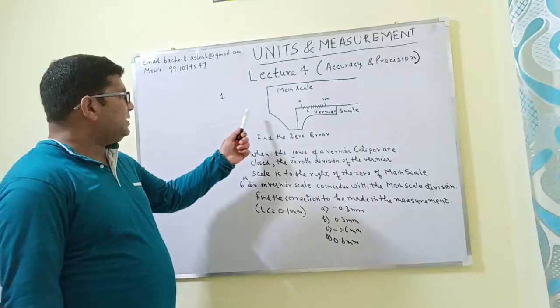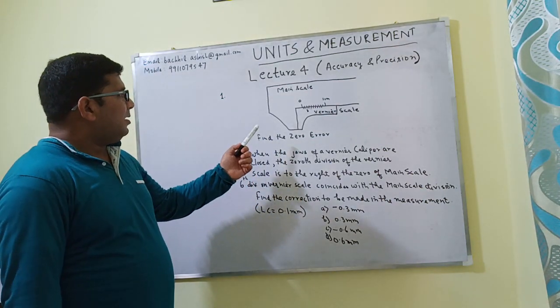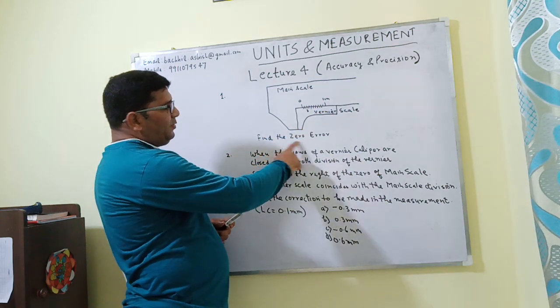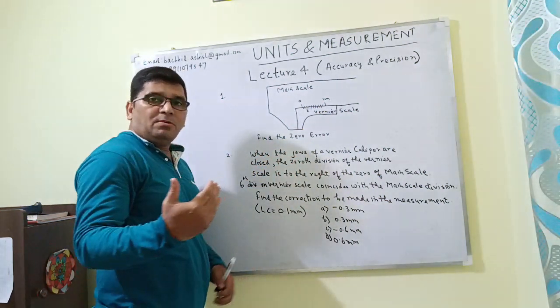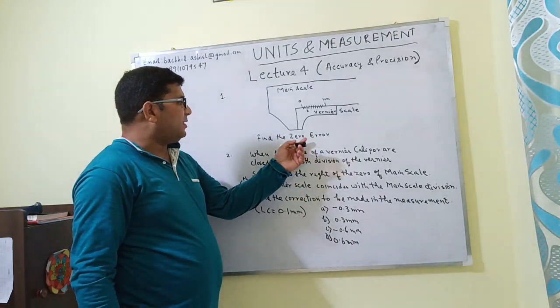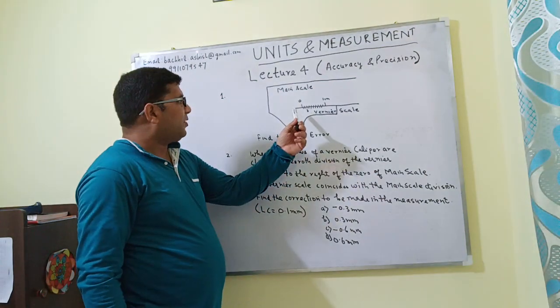So let us start with these two questions which I have written on this board. In the first question, we have to find the zero error. Now, I just want to revise the definition of zero error.